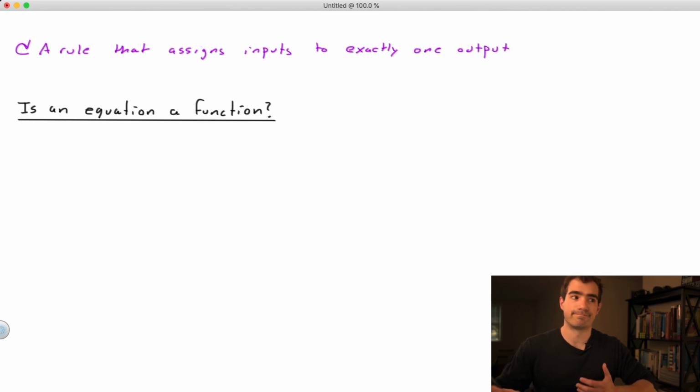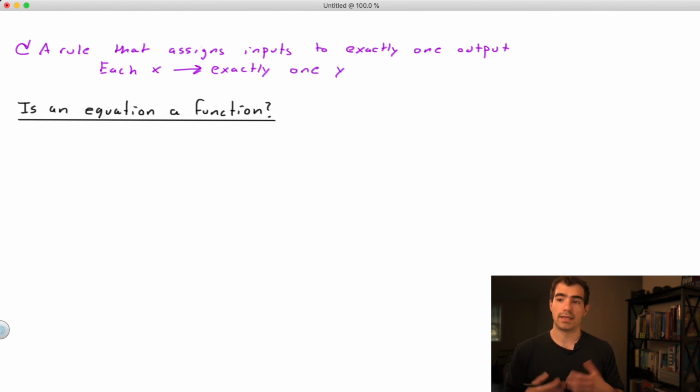Or as we can often think about it in the context of an equation, each x is sent to exactly one y, exactly one value of y.